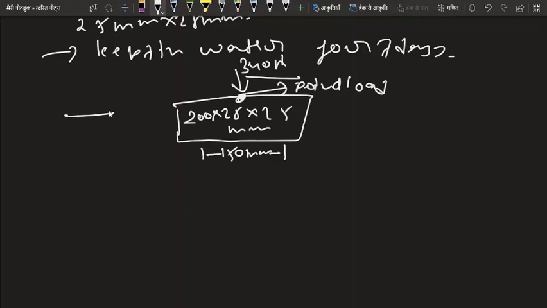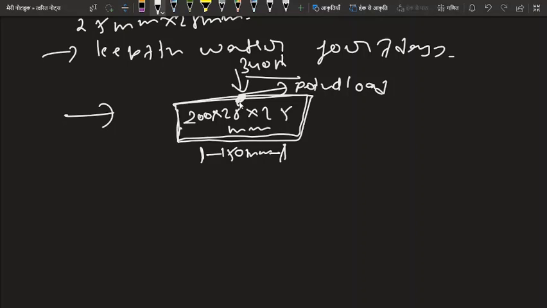After 7 days we take this block over a span of 150 mm and apply a 340 Newton force in the center, which is called a point load, or concentrated load.